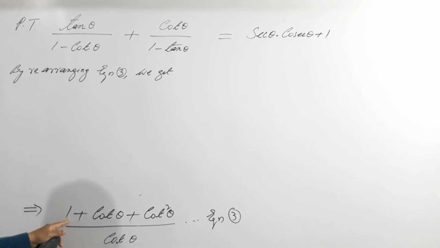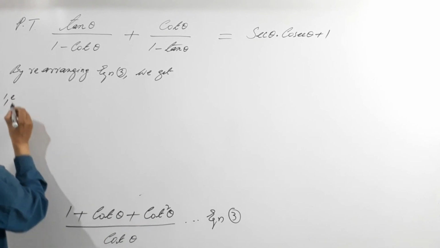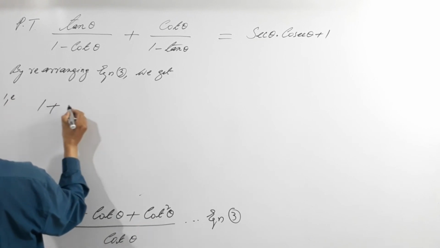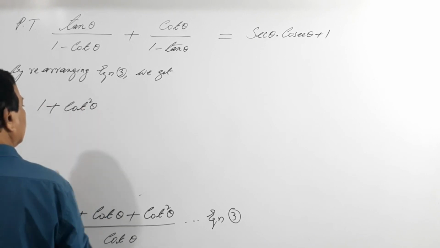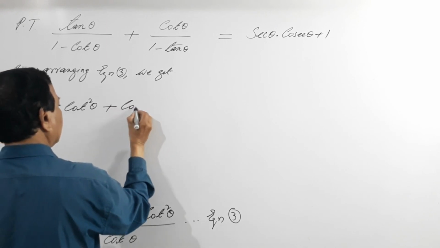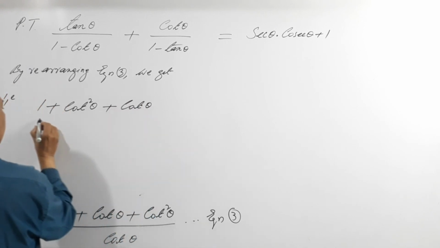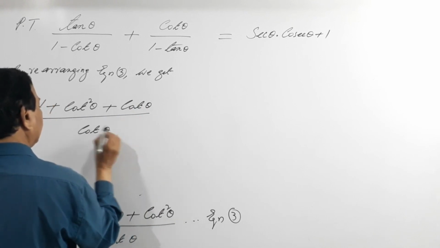I'll club this 1 plus cot square theta, that is 1 plus cot square theta, plus cot theta, divided by cot theta.